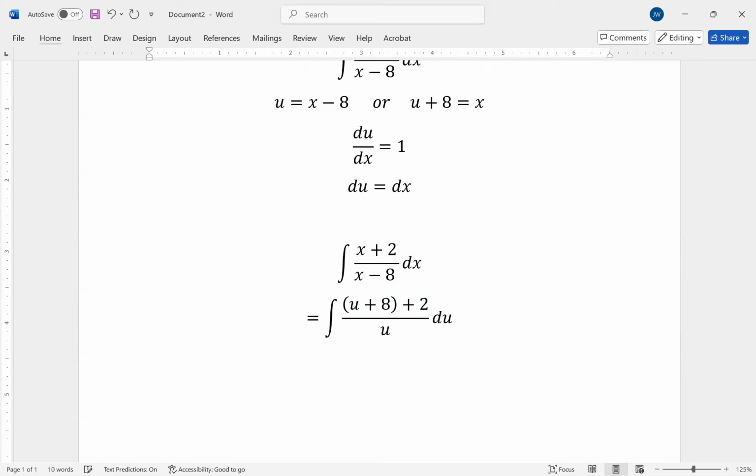Now, this might not look a whole lot nicer than my original integration, but it turns out it is, because we get u plus 10 on the numerator. The denominator is just u.